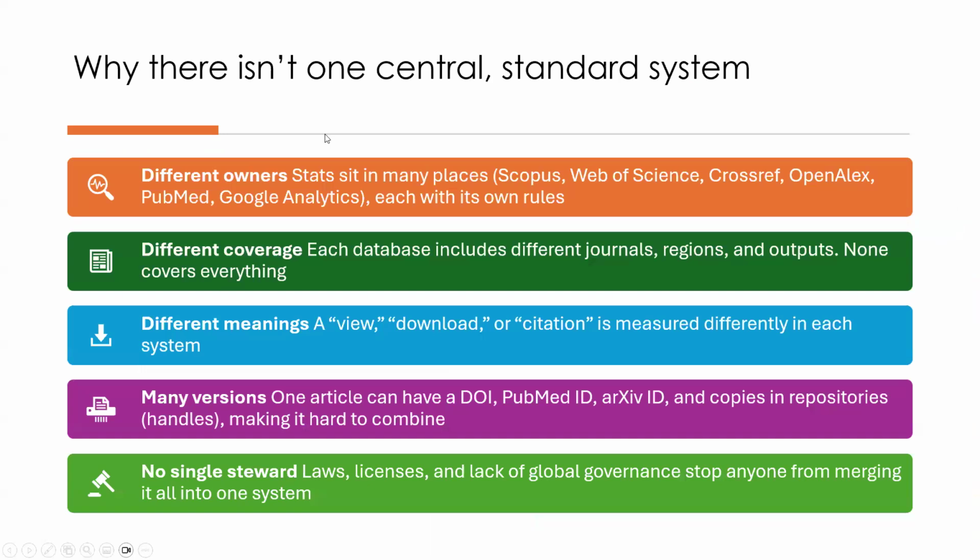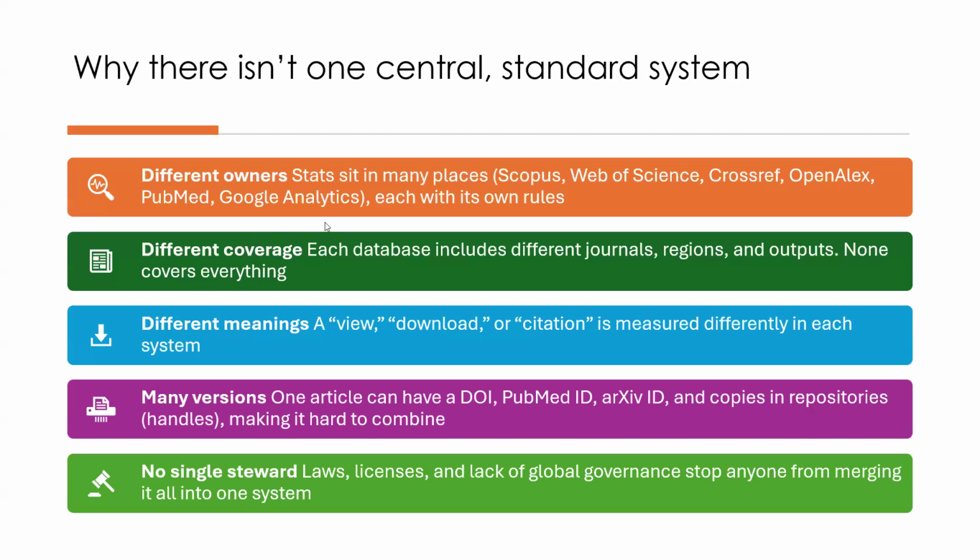I had the question in the past, why don't we have one single standard system that can measure everything all at once? There's different reasons for that. Each system has a different owner, and our statistics for our journals sit in many places. Some of our journals, even though open access, might be indexed in Scopus, who measures certain things, Web of Science, who measures different things in a different way, Crossref, OpenAlex, PubMed, Google Analytics.